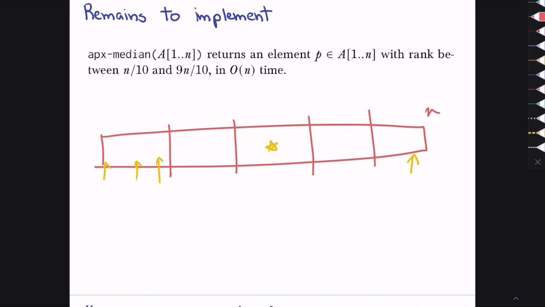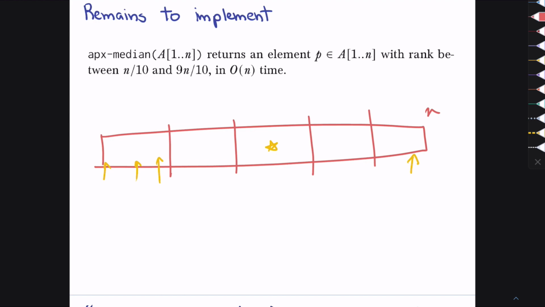Okay, so just look at the middle. In other words, let's just look at basically any arbitrary 20% of the array and then find the exact median inside.